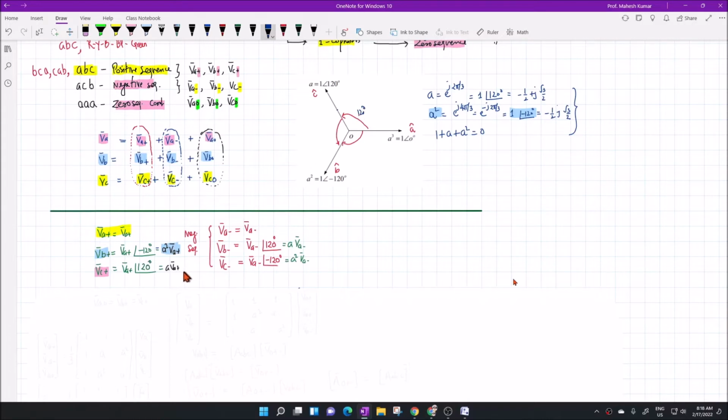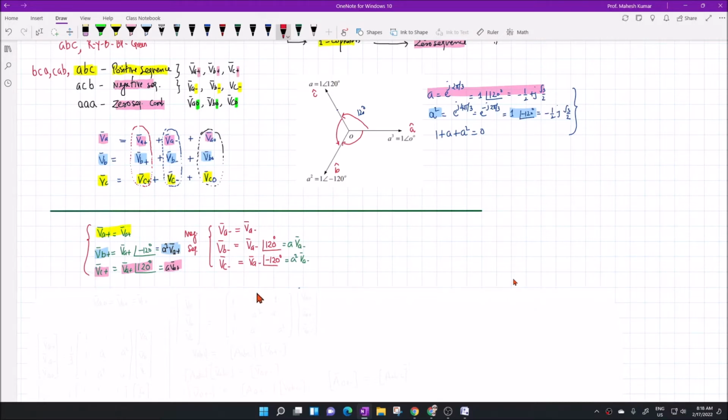And hence, this is VA plus angle of 120 degrees. 1 angle of 120 degrees is nothing but a. So we substitute as a. So the VC plus phasor becomes VA plus angle of 120 degrees, that is a VA plus. So this is the relationship between VA plus, VB plus and VC plus.